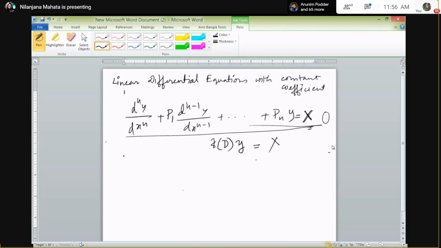Now the homogeneous part of this equation will be, your right side is 0.